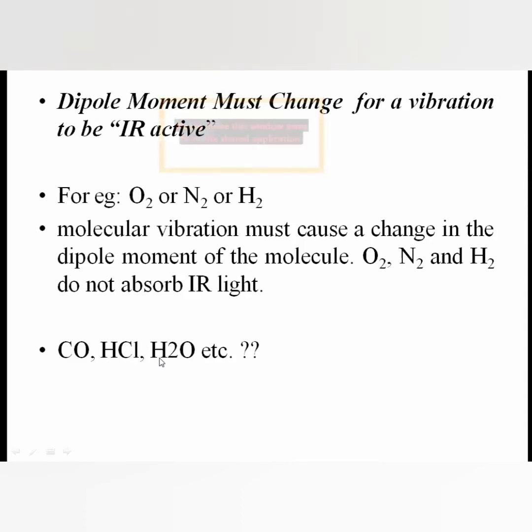That's one of the important selection rules: the important criterion for a molecule to show infrared spectroscopy is a change in dipole moment upon molecular vibration.